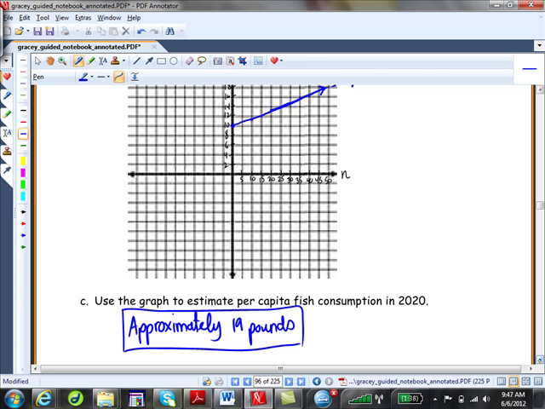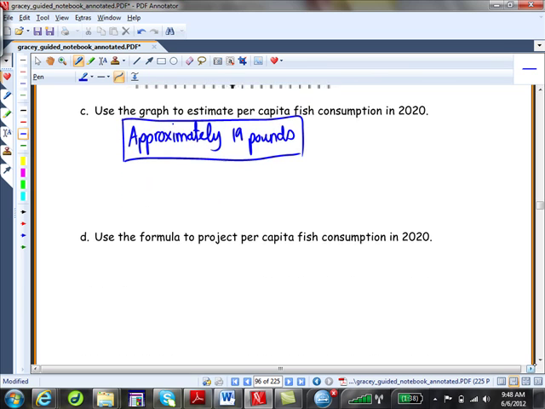Now let's use our formula. So we'd be plugging in N is 60. F was equal to 0.15 times N plus 10. So F would be 0.15 times 60 plus 10.